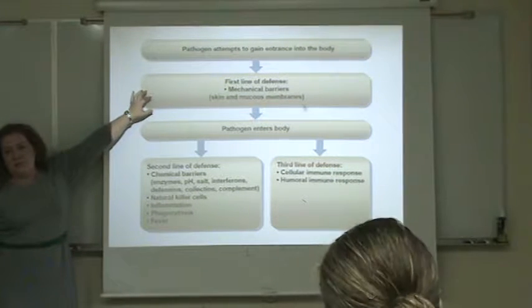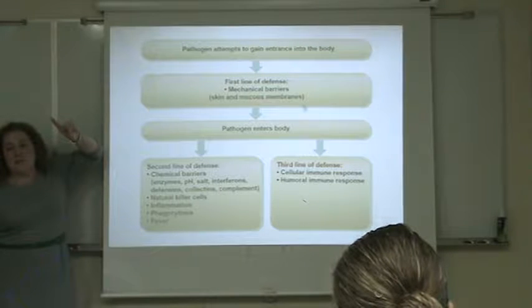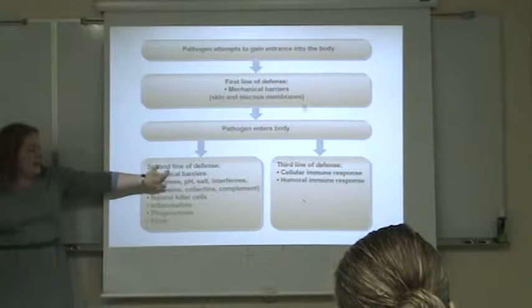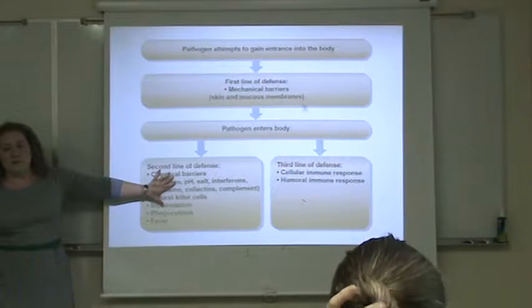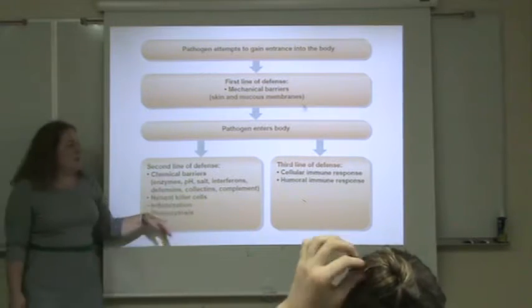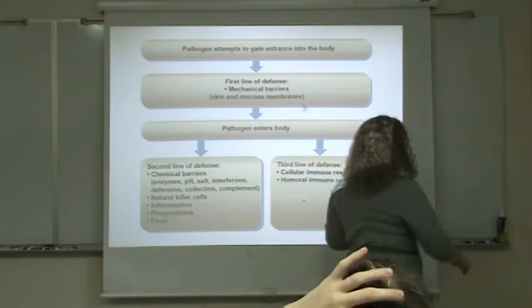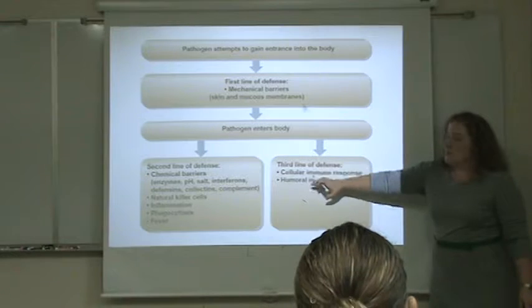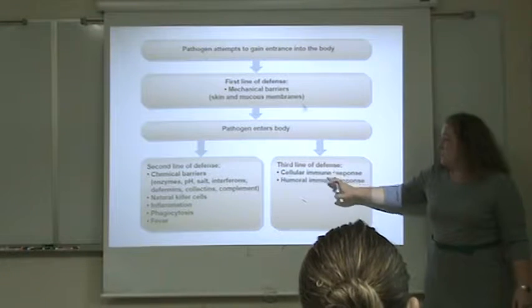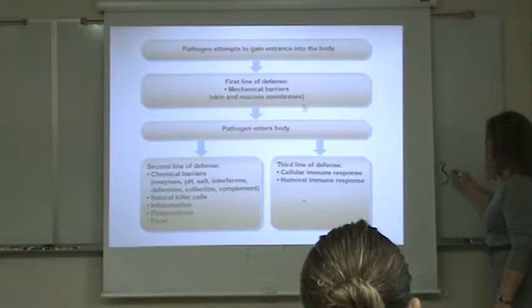The barriers and flushing, that's the first line of defense. If you get past that as a pathogen, the chemicals and the processes are second line of defense. And if you get past that, that's where your acquired immune system comes into play. So third line of defense, which includes these parts, that's acquired immune system.